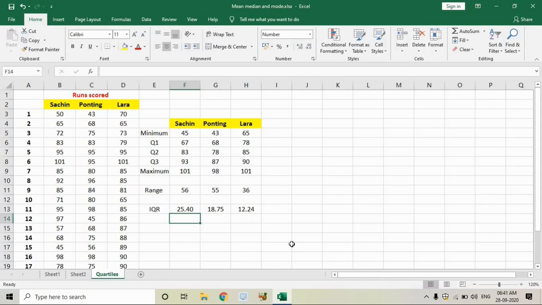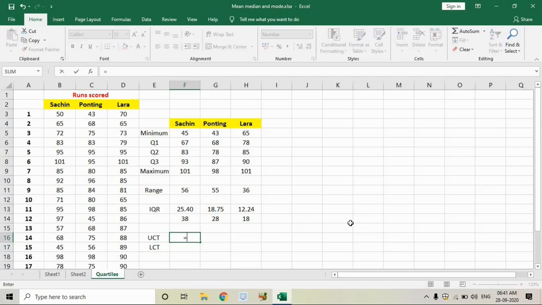So the next step is we need to decide the upper and lower cutoffs, and for that we need to multiply the value of IQR with 1.5. I'll explain the concept. So let's write as UCT and LCT. Now we need to decide the upper cutoff.